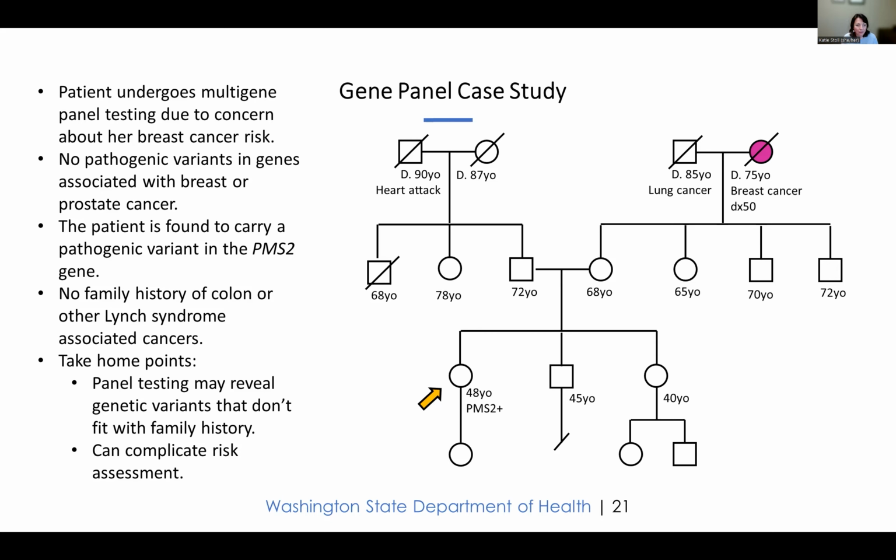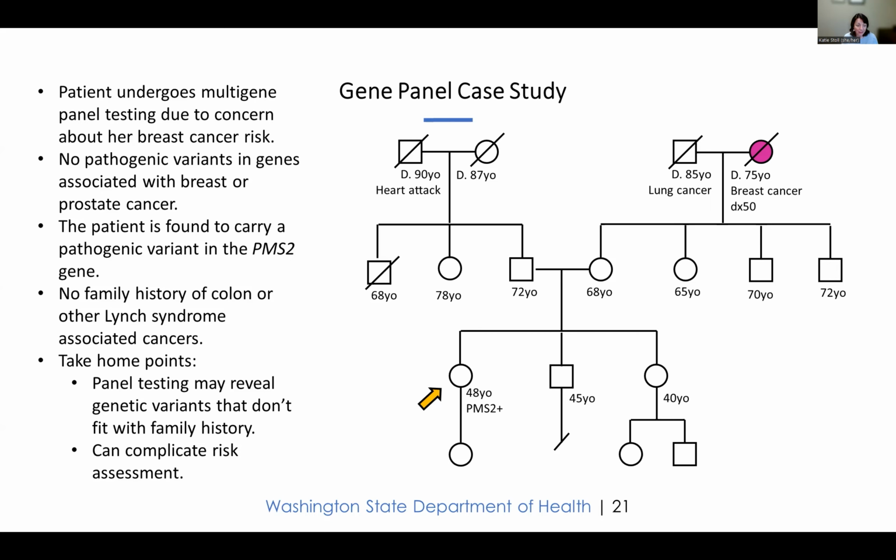In this example, a patient undergoes a multi-gene panel due to concerns about her breast cancer risk, and is ultimately found to carry a pathogenic variant in the PMS2 gene, which you will recall is associated with Lynch syndrome, and not a defined increased risk for breast cancer, but a somewhat increased risk for colorectal cancer and endometrial cancers.